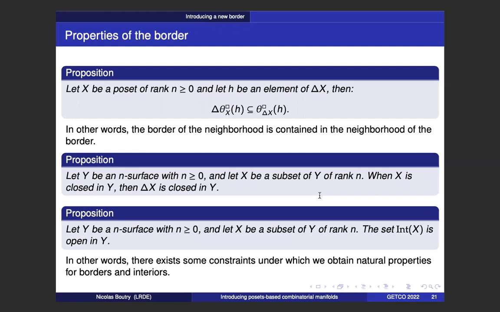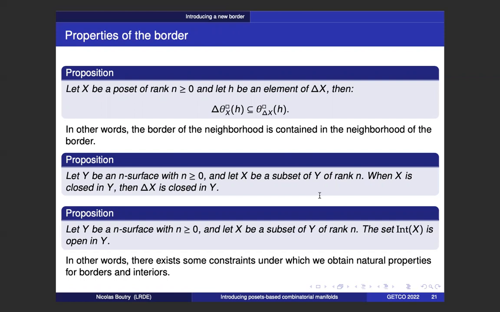We have also another proposition which shows that this definition of border is almost natural. If we take Y an n surface, that is a greater space which is a discrete surface, and we take X a poset in Y, when X is closed in Y, then the border is closed in Y. We get back the property of closedness of the border.